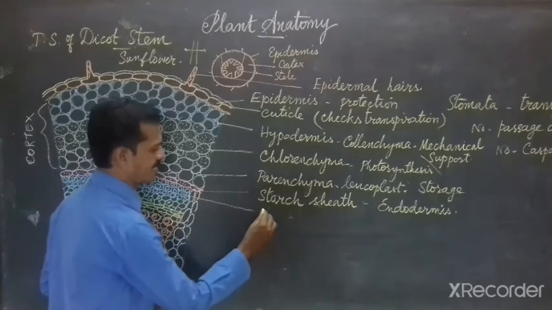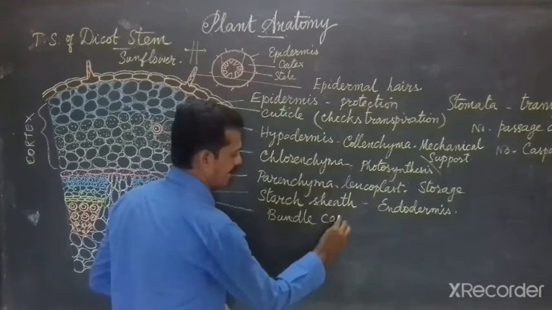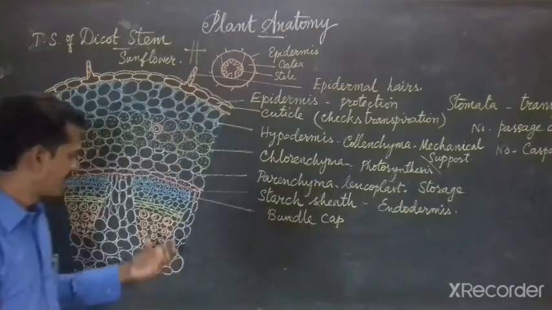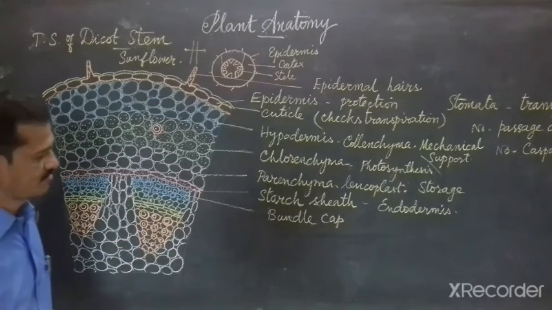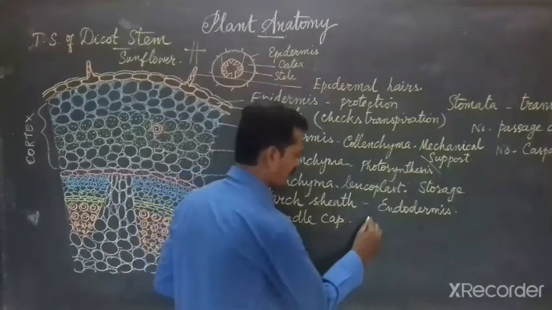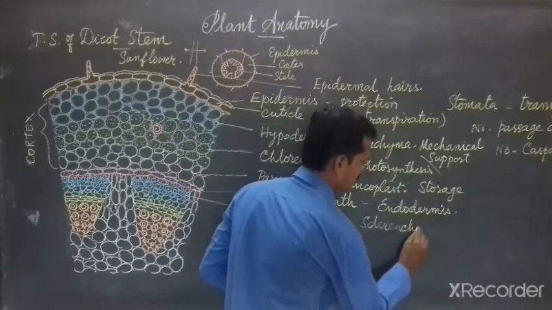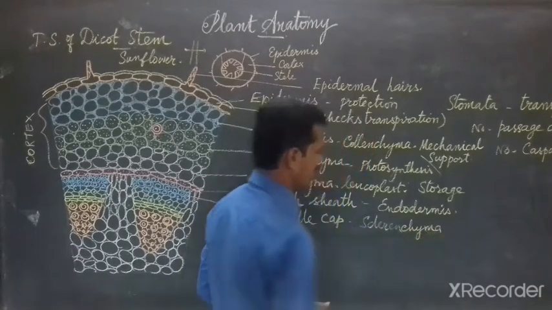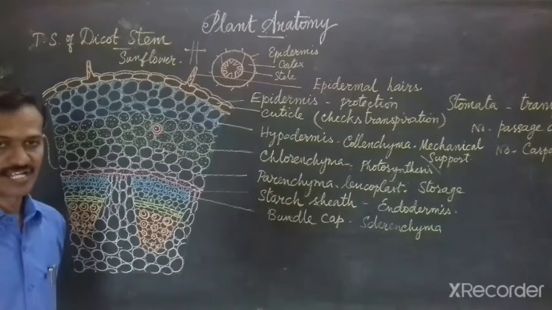These sclerenchyma patches are called the bundle cap because it looks like a cap on the head of the vascular bundles. This bundle cap is made up of sclerenchyma. Remember, the bundle cap of the dicotyledon is made up of sclerenchyma.